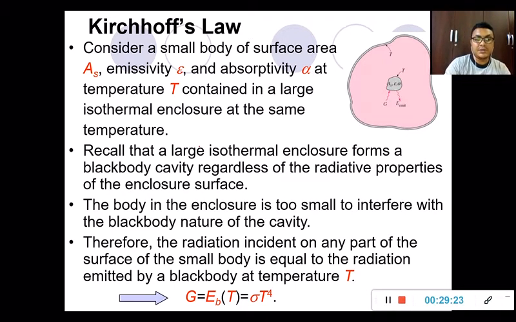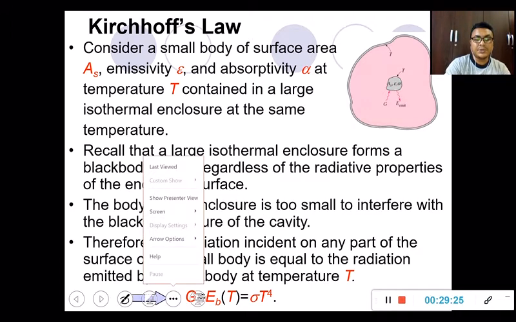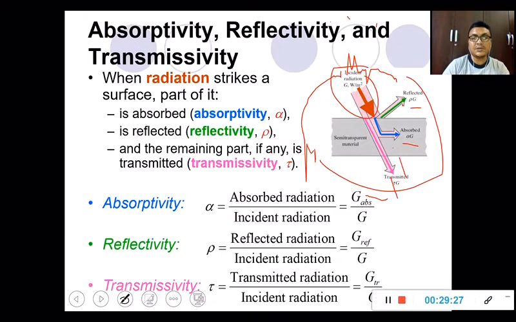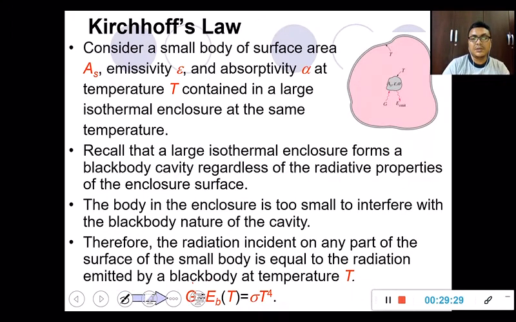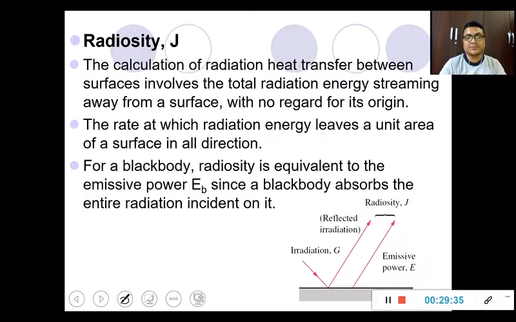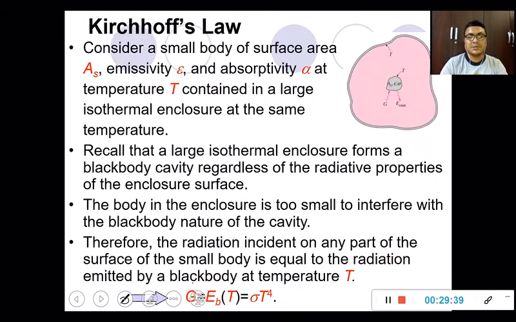So here we have G. G is the incident radiation, equal to Eb, the emissive power, which is sigma, the Stefan-Boltzmann constant, times temperature to the power of 4.